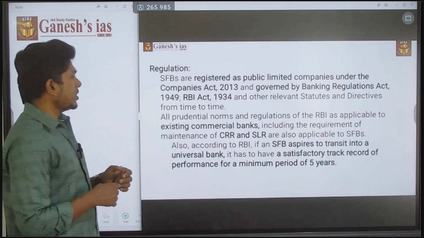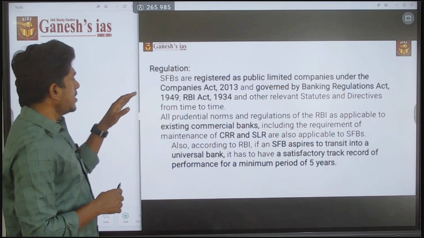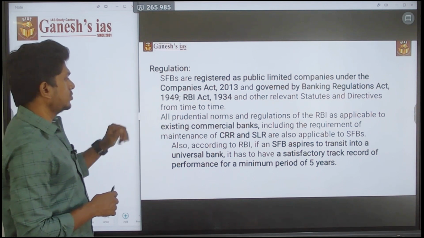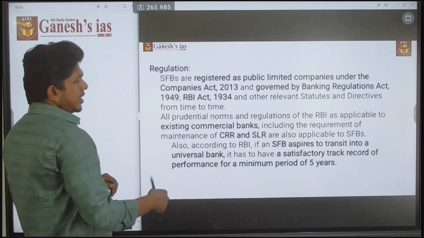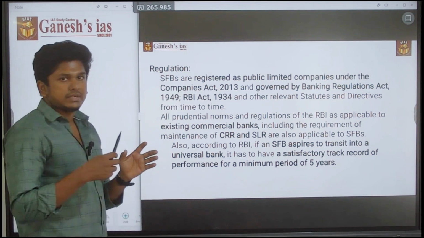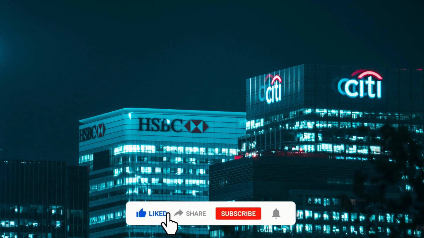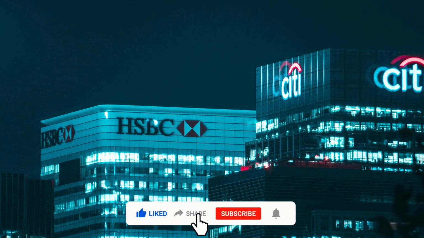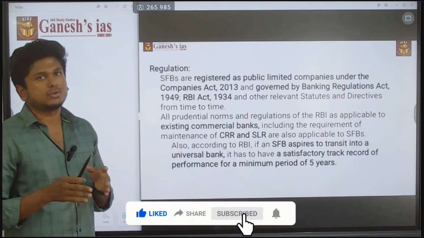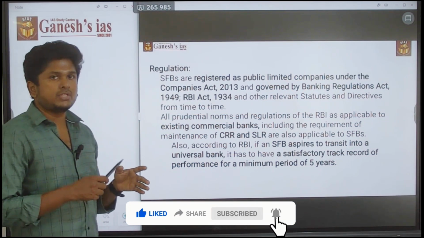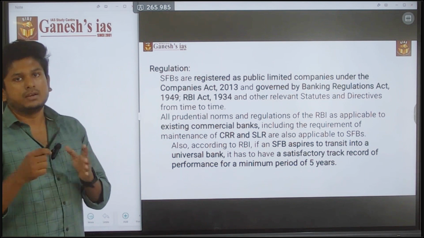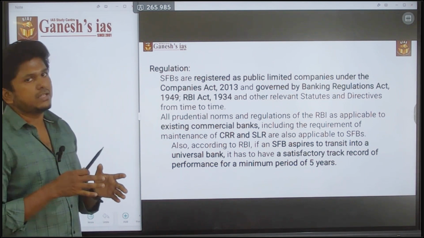These are the things the small finance bank needs to follow. It also provides a pathway to become a universal bank, if they follow a track record of more than 5 years. If they do that, the small finance bank becomes a normal commercial bank. That also happens.